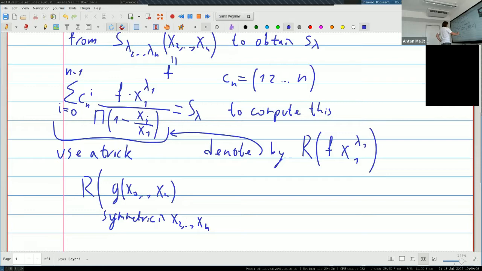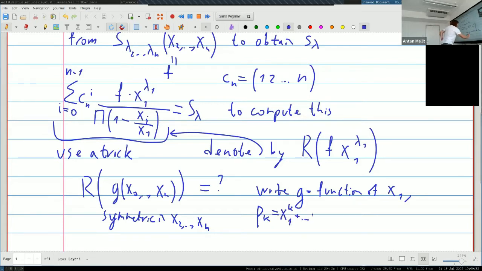So what do you do? Since it's symmetric, you write g as a function of x1 and the power sums pk, which is the sum of all variables.